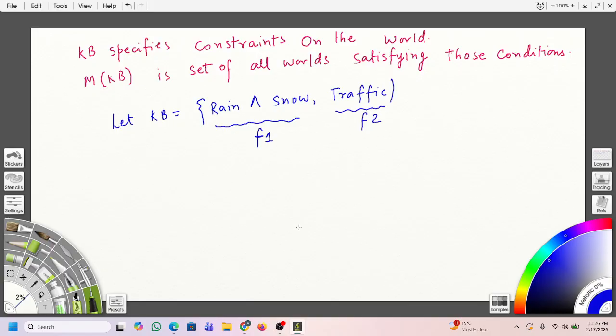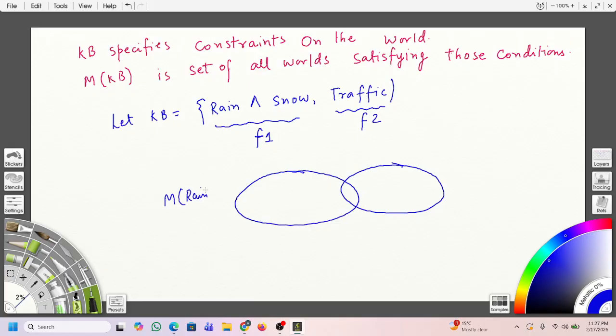If I represent them with Venn diagrams, F1 is basically the model of rain and snow, and this other region is the model M of traffic.